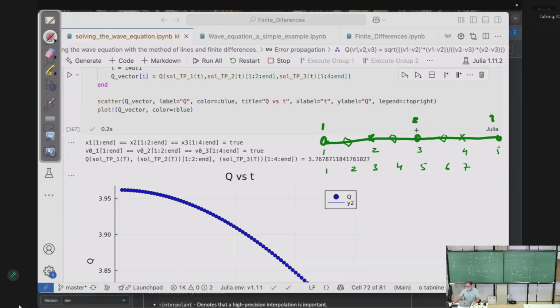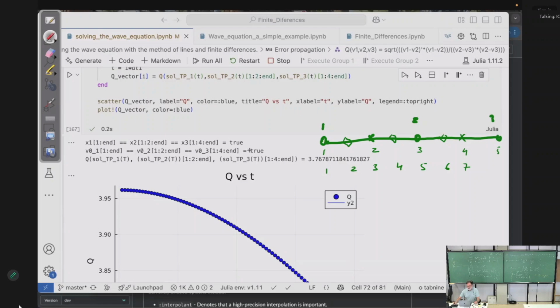So if we look at this point, which is a 2 in the coarse grid, it is associated with the third point in the mid grid, and the fifth point in the high resolution. So here it says that the point 2 here is equal to the second point here, which is 1 plus 2, which is 3, and the fifth point here, which is 1 plus 4, which is 5.